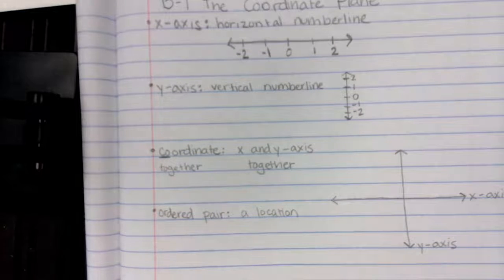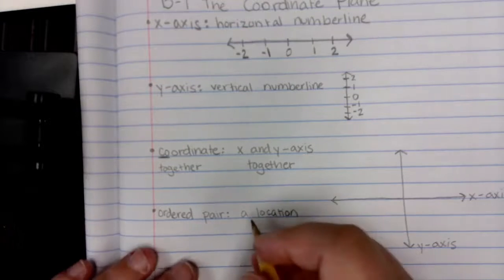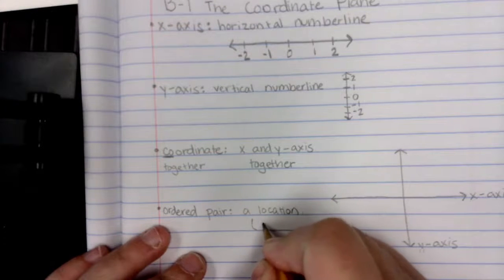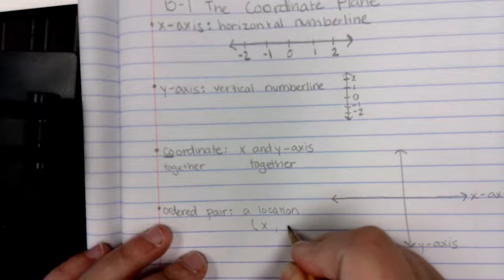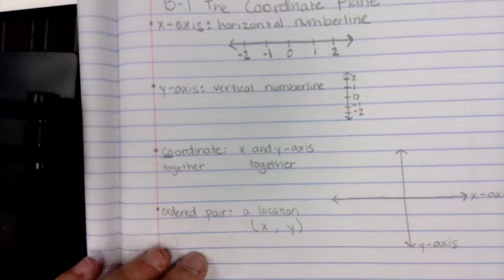So like the resource center is a specific spot at Apollo. Okay? And to talk about it, we're going to use both the x coordinate and the y coordinate. So the x number and the y number. So we do that with parentheses. X, comma, y. X always goes first.